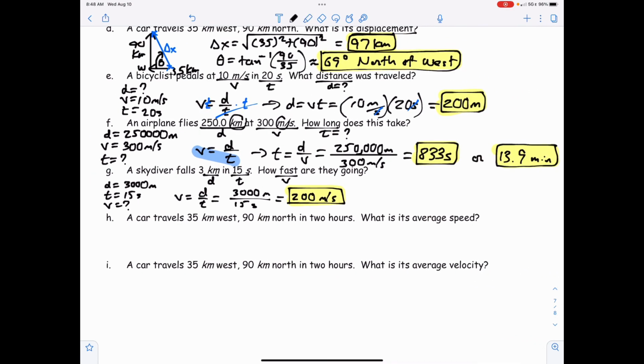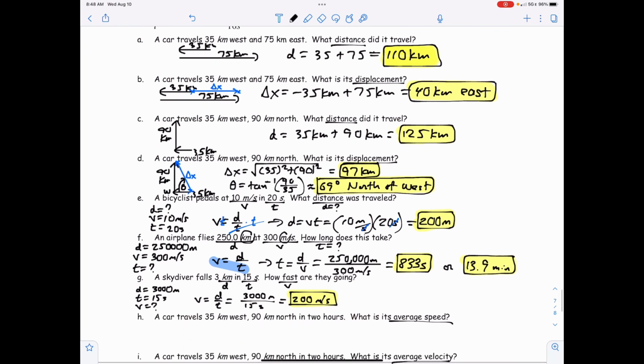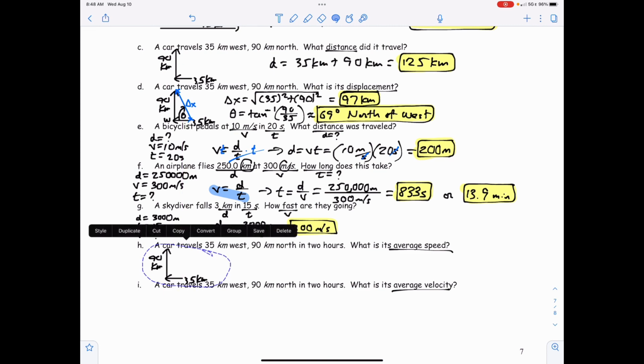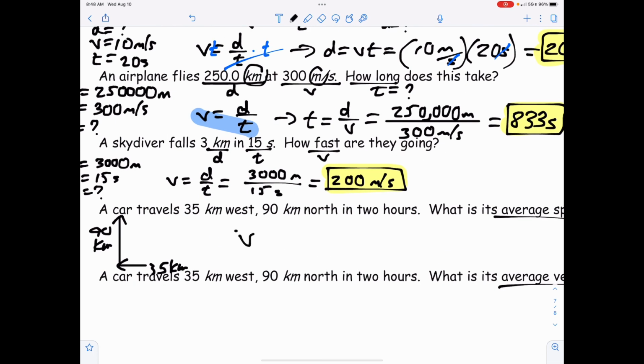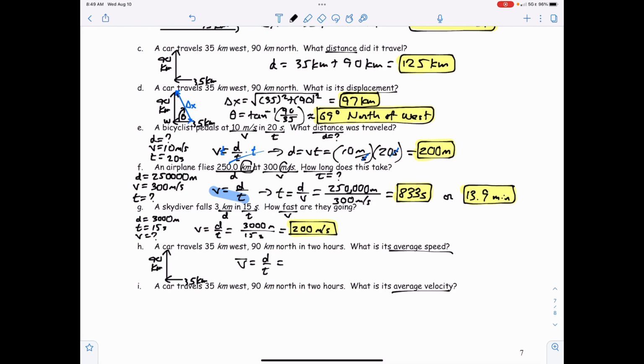Now we're going to take a look at the difference between average speed and average velocity in 2 dimensions. So let me go back to those calculations we did up here. I'm going to copy part C. A car travels 35 kilometers west, 90 kilometers north. What is the average speed? Well, average speed is going to be distance over time. So the total distance from that, if you recall, was 125 kilometers.